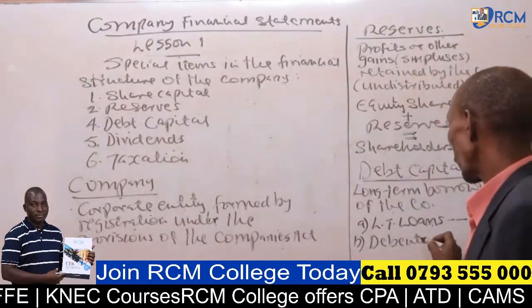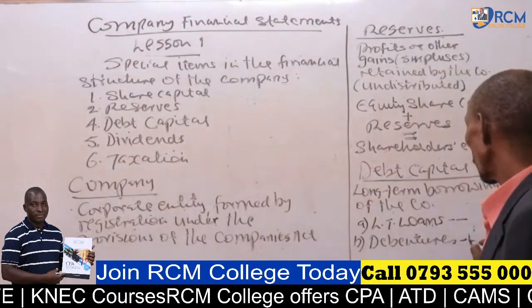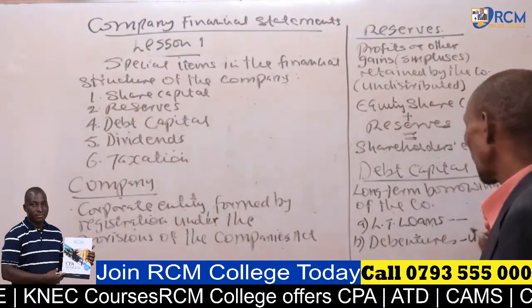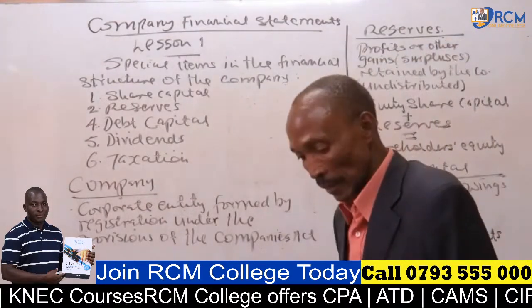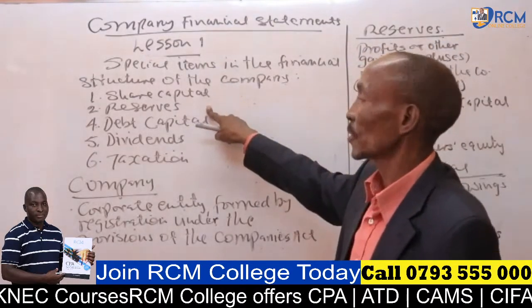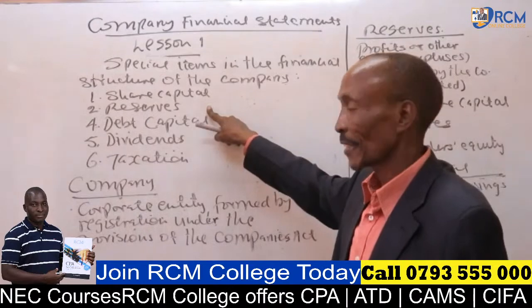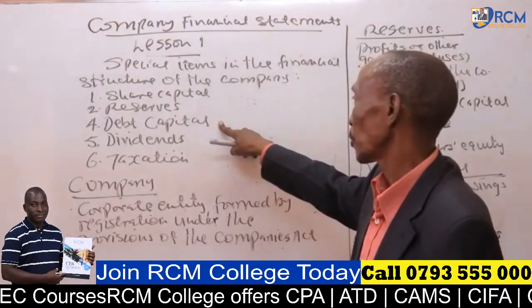Debentures are a loan which is divided into units, like shares, but they're not shares. They are a form of debt. Share capital and reserves are claimed by the owners, while debt capital is claimed by outsiders, or lenders.